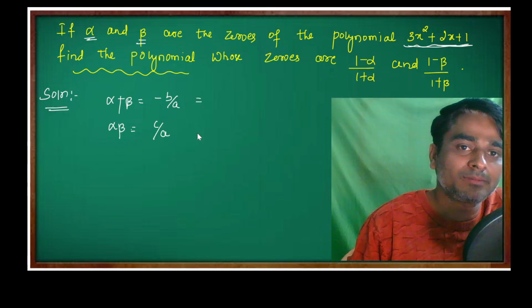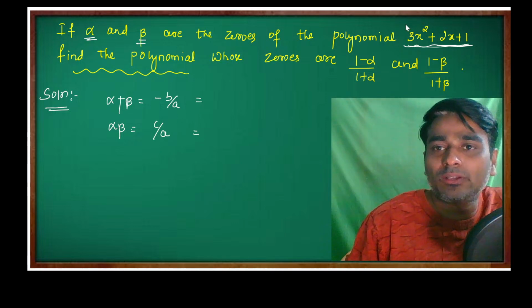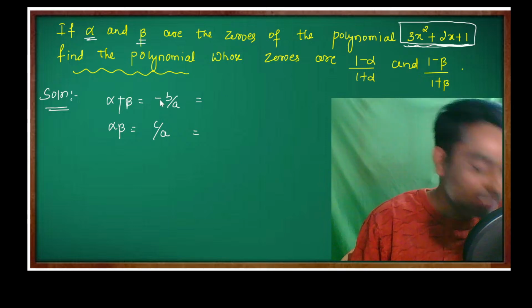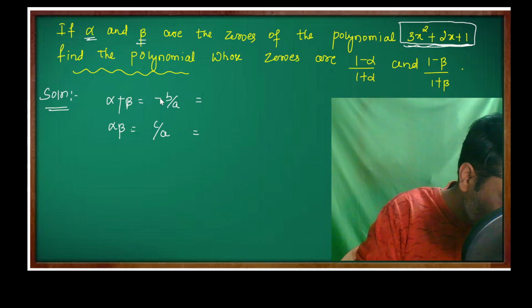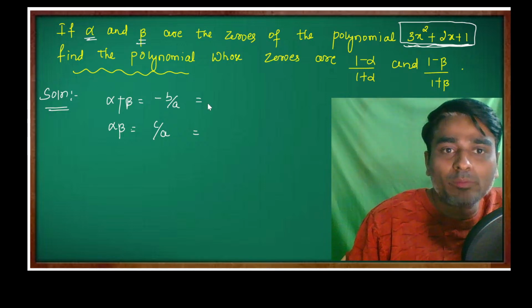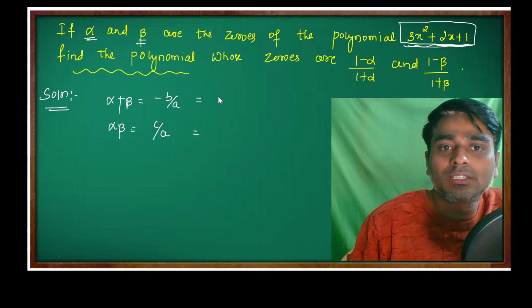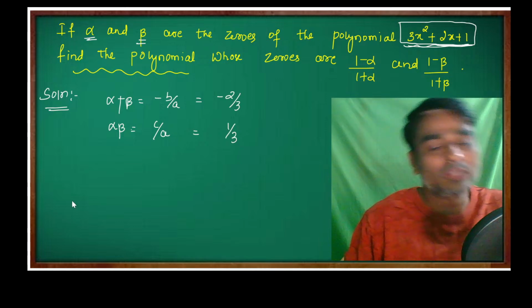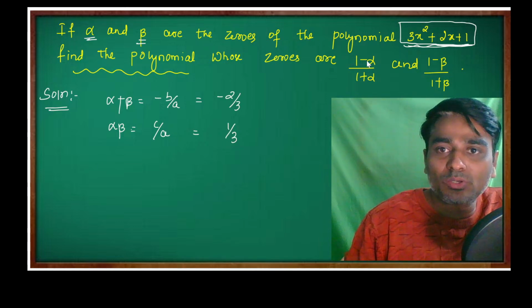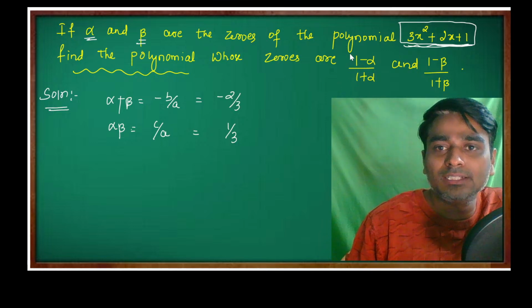For this polynomial, the sum of zeros is minus 2 by 3, and the product is 1 by 3. These values we are going to make use of when we are finding these two things.